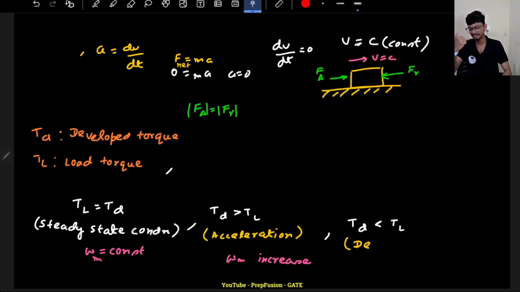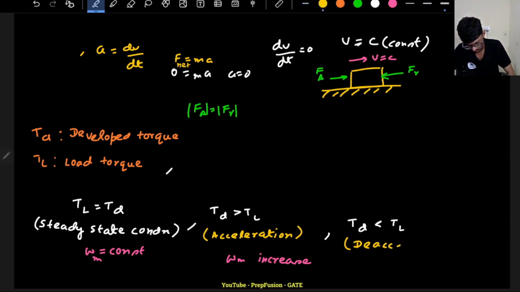After a certain point speed will go negative, that is it will move in the opposite direction, right? Deceleration. So my omega m reduces. These are the main key points that we have to understand.